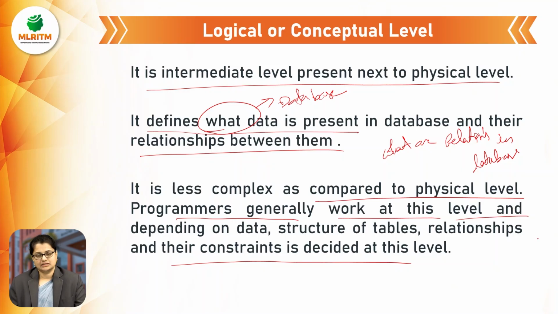So this level deals with what data is in the databases and what relations it has, and it handles the constraints, rules or instructions on the tables and their relationships.